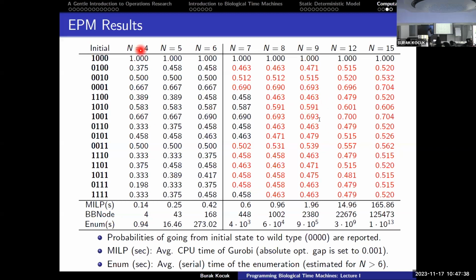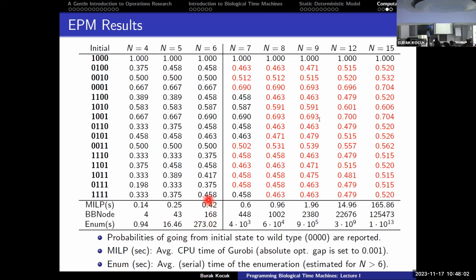And we have a column which represents the treatment length. And I have this border because Mira and her co-authors did only up to n=6 using enumeration. You see the enumeration time on my machine is this much.